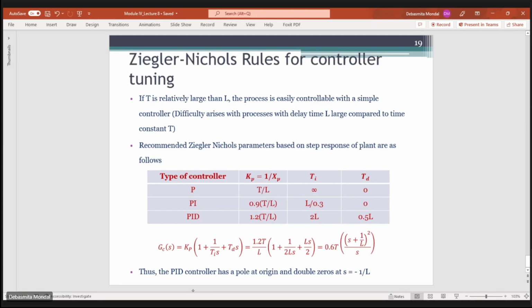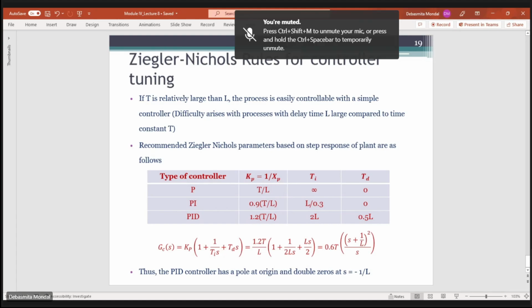In that case, using only these parameters is not sufficient to provide proper tuning.